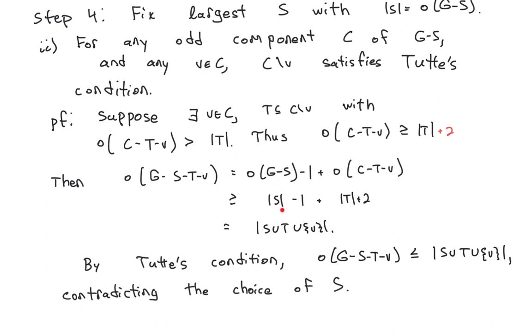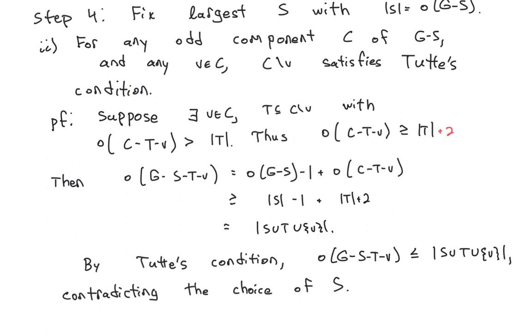Here we have equality by assumption, and here we have this inequality coming from here. But we notice plus 2 minus 1 together becomes 1. So we have the size of S plus the size of T plus 1, also known as the size of S union T union v.